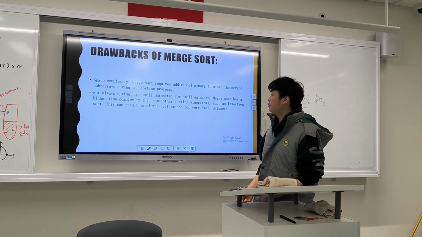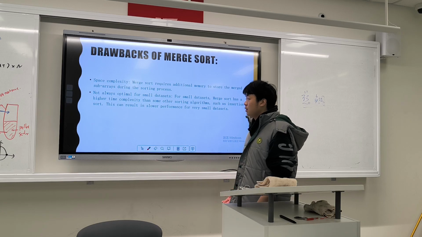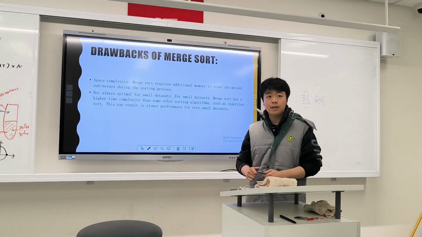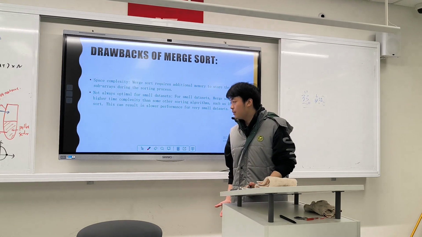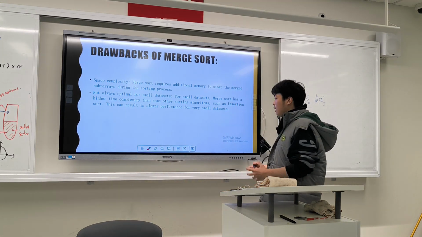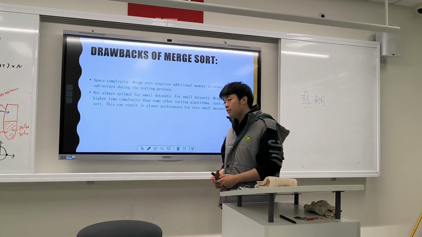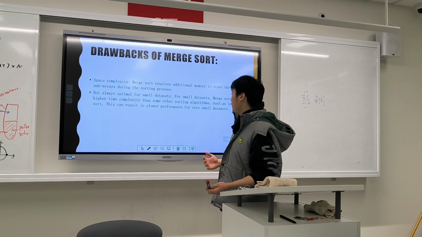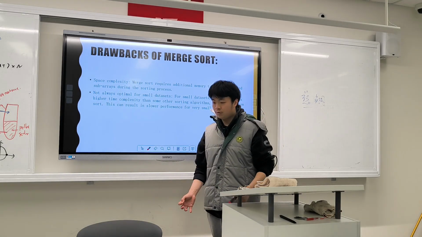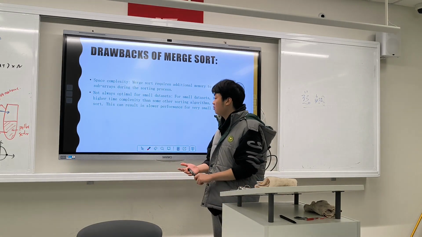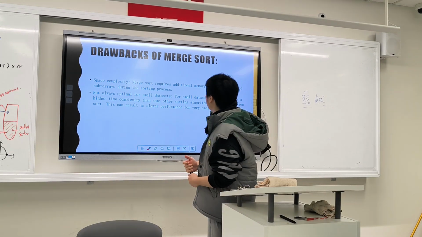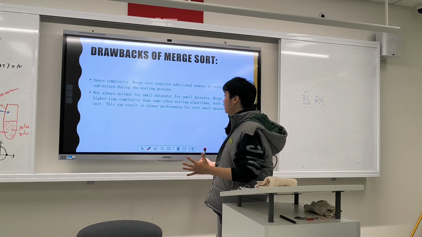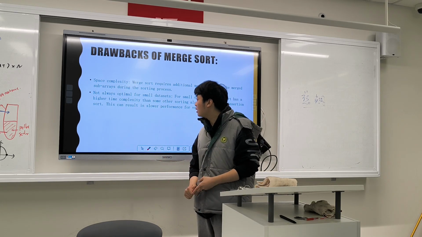And here we'll talk about some drawbacks of merge sort. The major drawback is that it takes a lot of space, because when you divide an array into two subarrays, you have to use extra space. That is, you have to use extra arrays to store these subarrays. So you will need a lot of additional memory to store these merged subarrays during the sorting process.